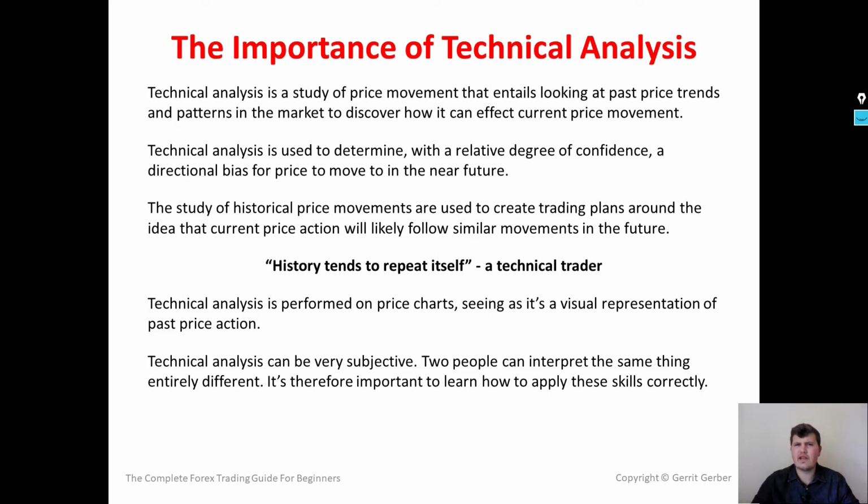For example, one can think that the price is likely to increase and another can think that the price is likely to decrease in the near future. So it's therefore important to learn how to apply these technical skills correctly when you start trading.